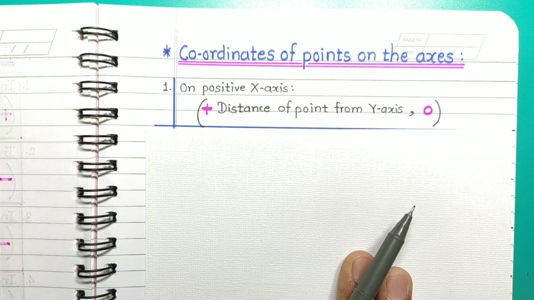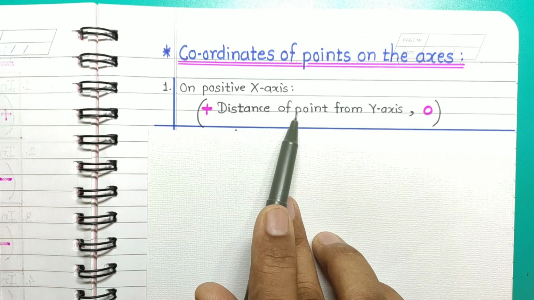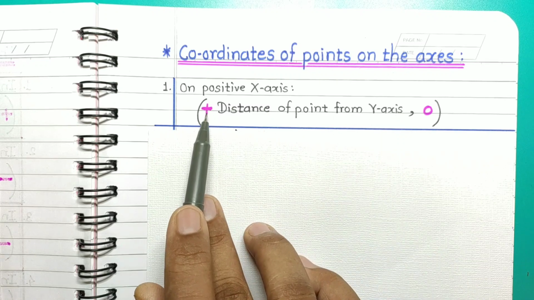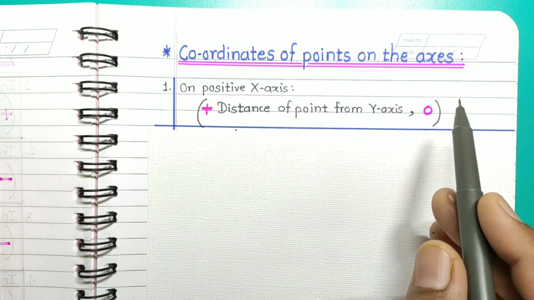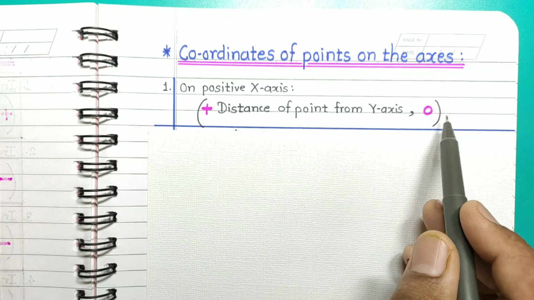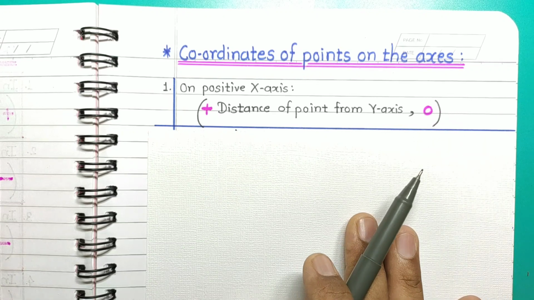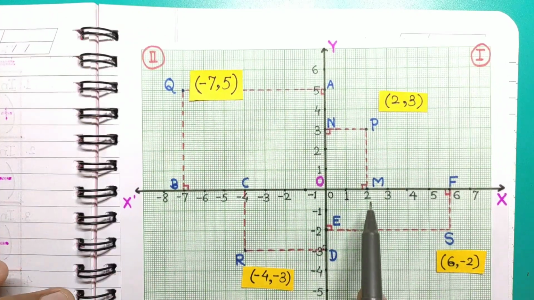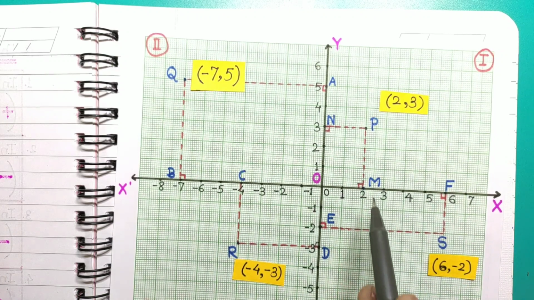On the positive x-axis, the x coordinate of a point is the distance of that point from the y-axis with a positive sign, and the y coordinate is 0, since its distance from the x-axis is 0. See one example, the point M lies on the x-axis.